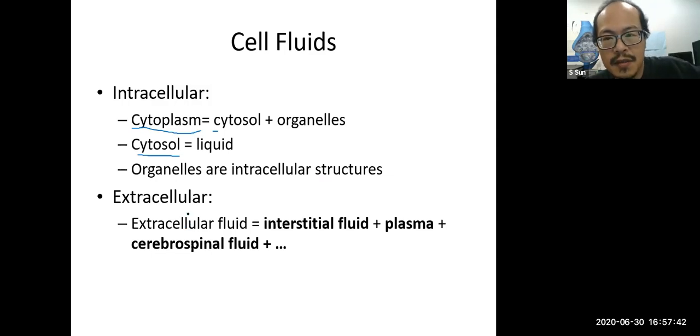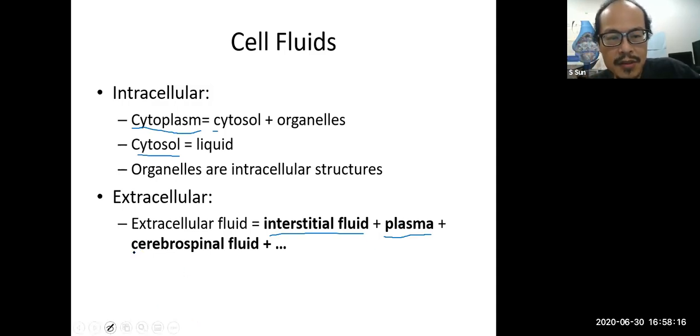And outside of cells is the extracellular space. The major components include interstitial fluid, which is any fluid outside of the cell but not in the blood vessel. We also have plasma, the fluid in the blood vessel outside of the red blood cell, in the compartment of the cardiovascular system.